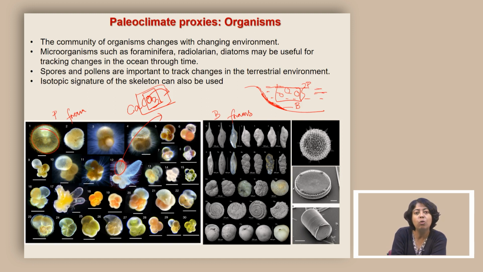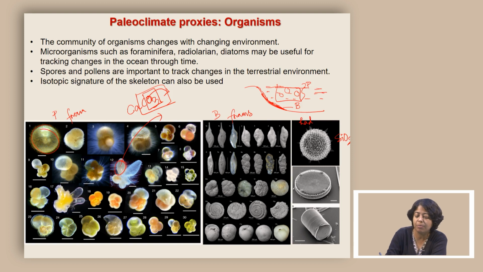Now, forams are not the only microorganisms that are used to learn about the past ocean. There are other organisms such as radiolaria. These radiolarians often have their skeletons made up of silica, SiO2, and they give us slightly different information because often they form in the deeper part of the ocean.